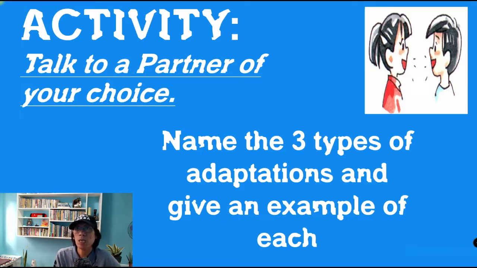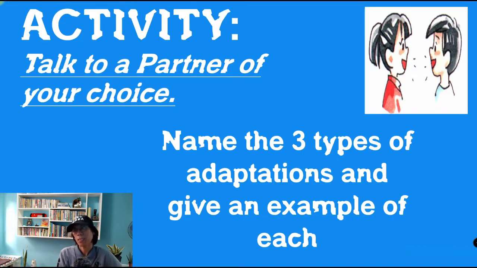So you have to think of a different example or examples other than those found here. So since this is a paired activity, each of you would give me the 3 types of adaptations, and you have to give me 3 examples. One for each type of the adaptation type.